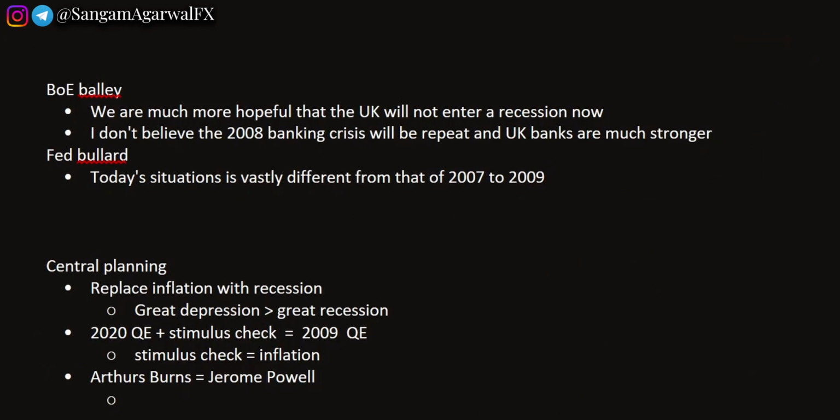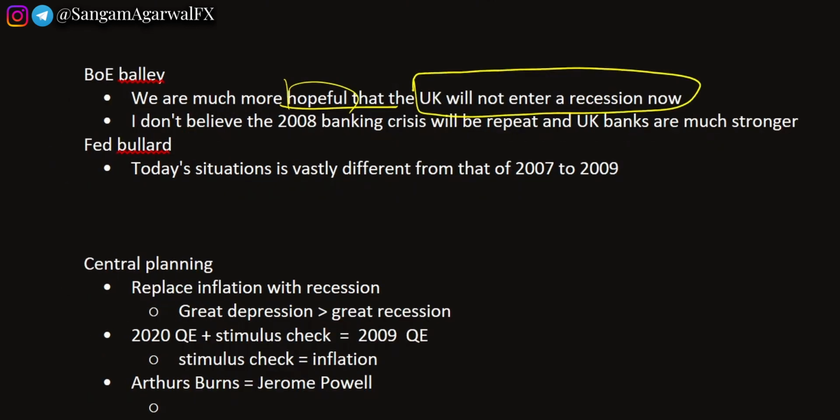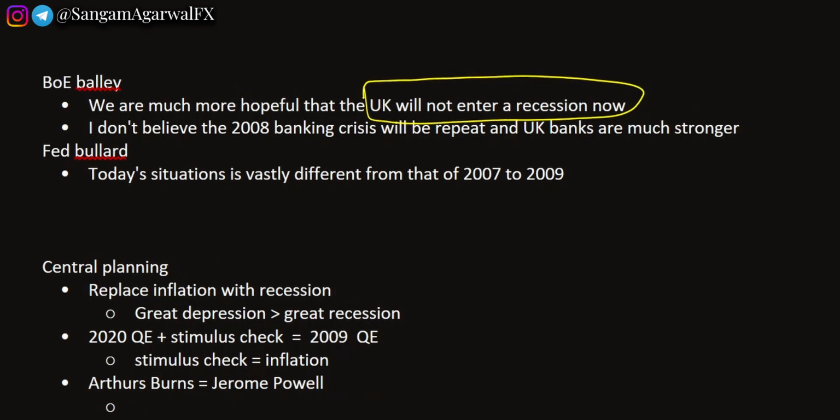And if you see the statement of the Bank of England governor, he is hopeful that the UK will not enter a recession now. And if you have studied economics, then you know this is not possible.